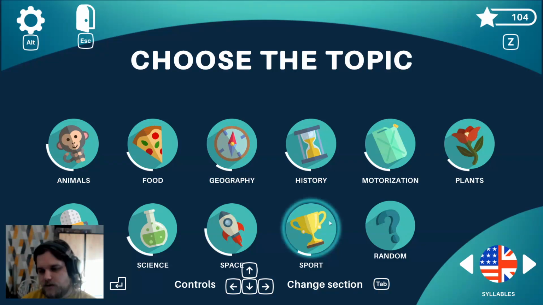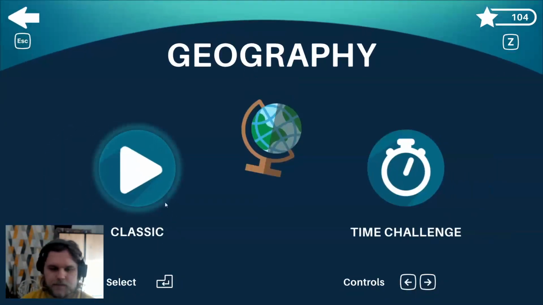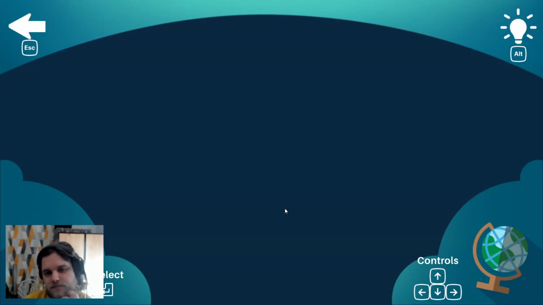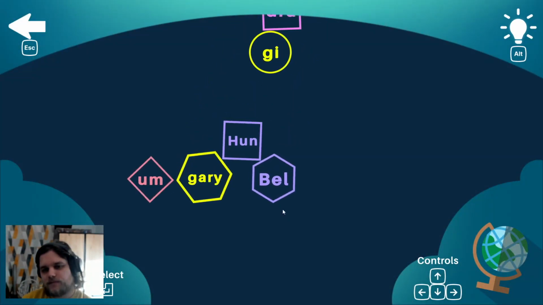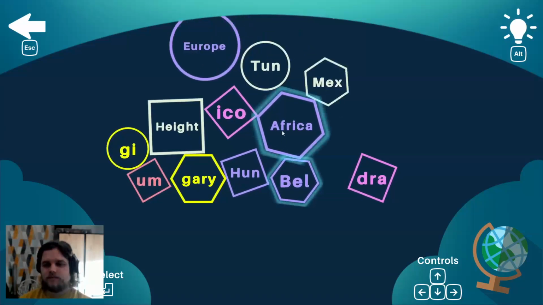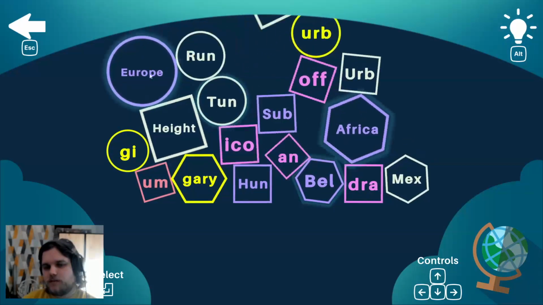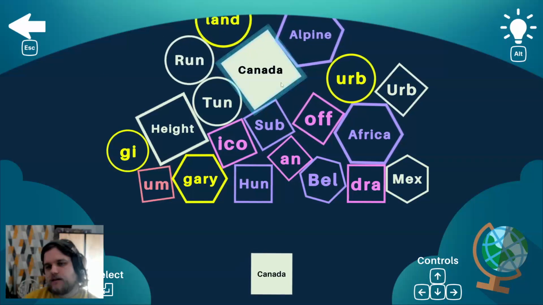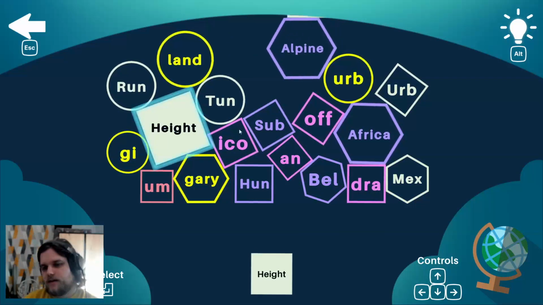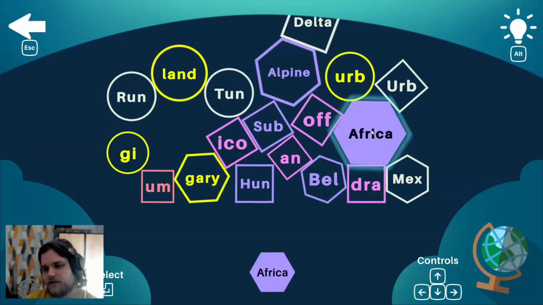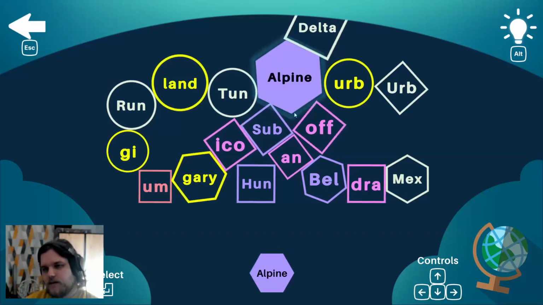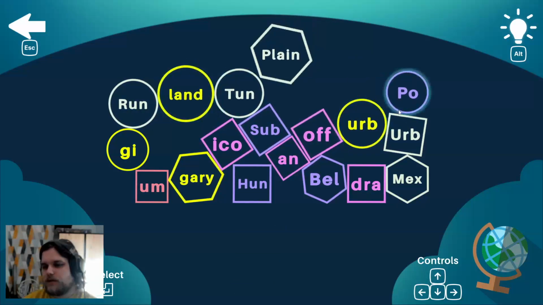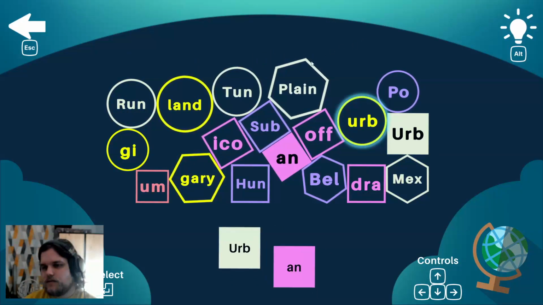Go back to English. Try some geography question here. Europe. Canada. Height. Africa. Alpine. Then we can go urban.